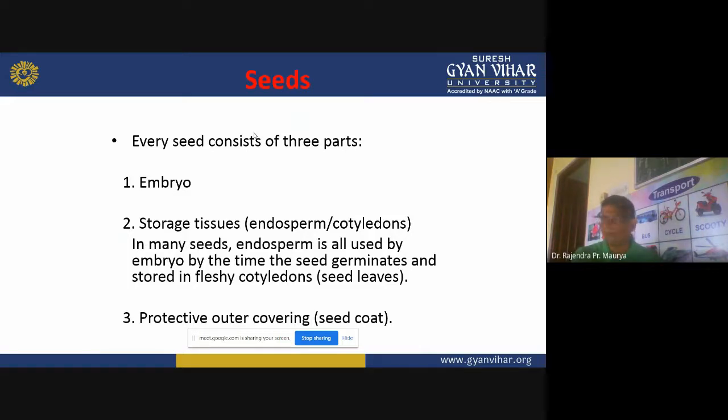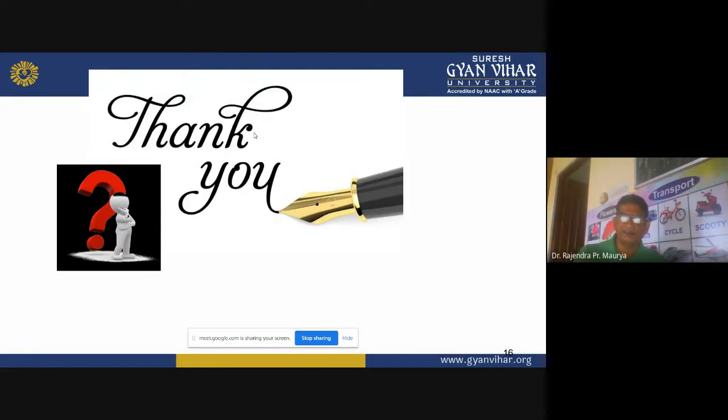So the endosperm plays a very important role in the initial nourishment of seedlings, at the time of seed germination. And the seed coat is the protective outer covering, which also protects the embryo from external damage. So that's it. Thanks.